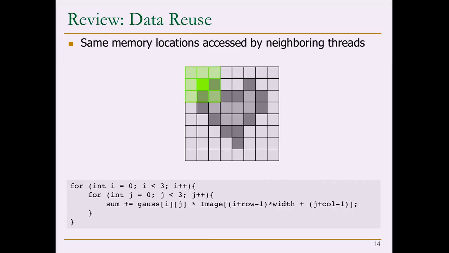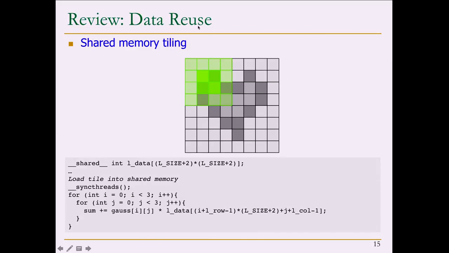We can do even better if we divide the image into tiles and we first load each of these tiles into the shared memory, because afterwards the GPU threads are going to find the pixels in the shared memory, and the access is going to be much faster. Much faster means more than 1 order of magnitude faster.